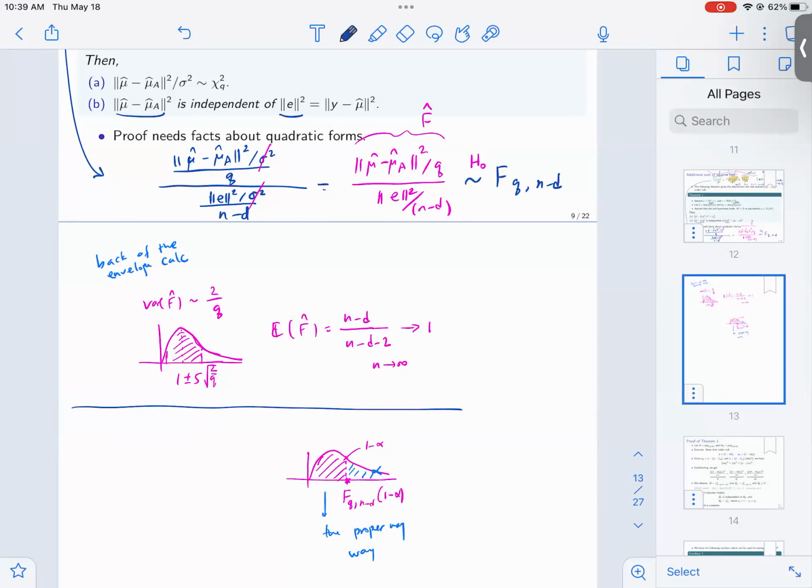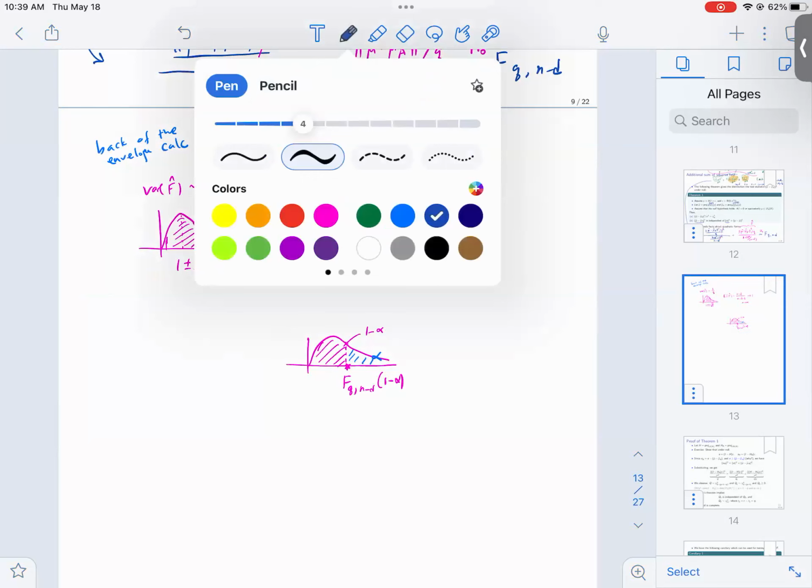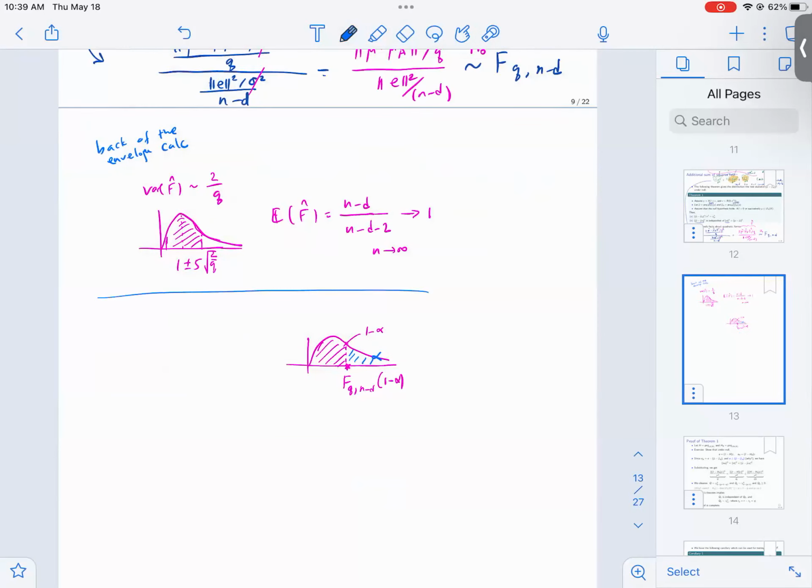And this is the proper way, using the quantiles of F.